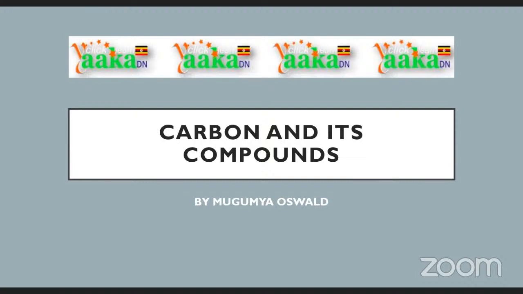This topic is about carbon, and like I said, it is covered in ordinary level. It is examinable at the end. Today we are going to follow the old curriculum, the one we've been following, not the new curriculum. So we are going to be following the principles of that curriculum.